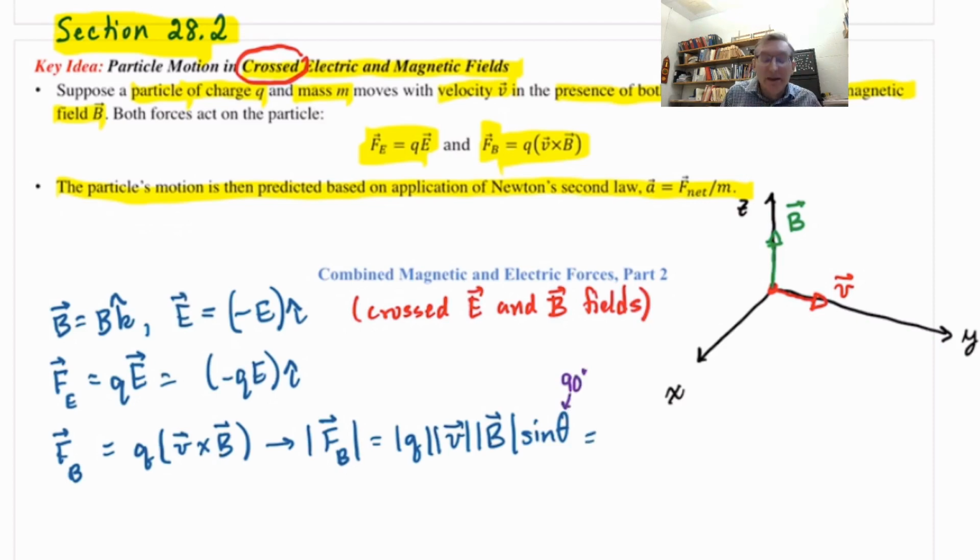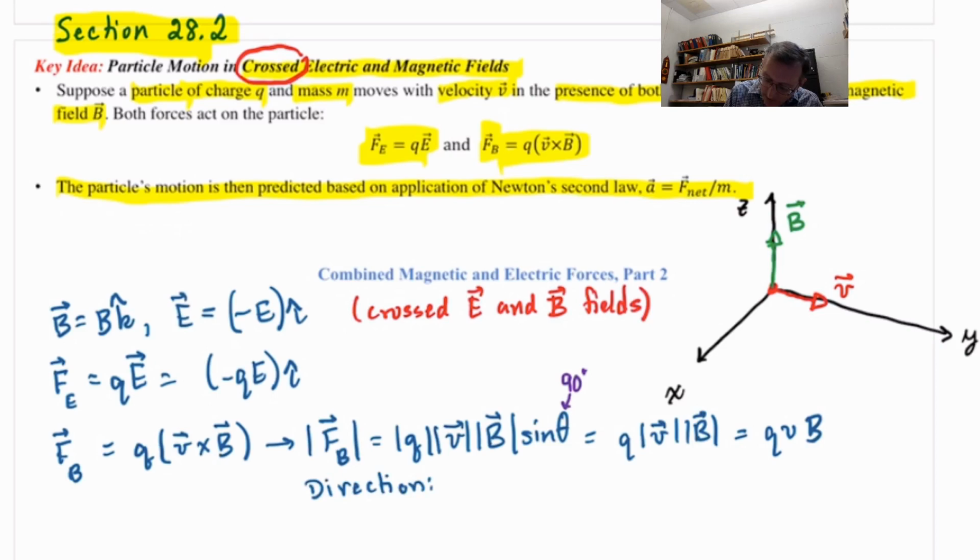By the way, the animation says Q is positive, so I don't need the absolute value on that. So there we go. That's the magnitude of the force. A lot of books would then just write that like that, where everything is a magnitude. Oh, Q is positive. Let's get the direction, though. That's just the magnitude. What's the direction of the magnetic force?